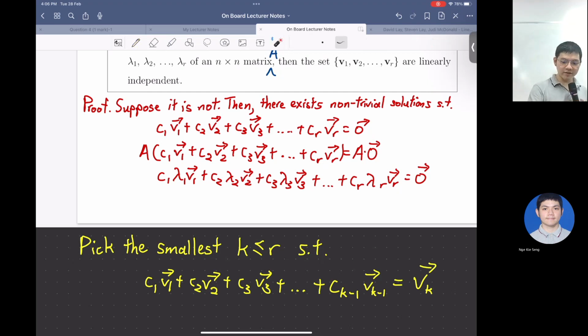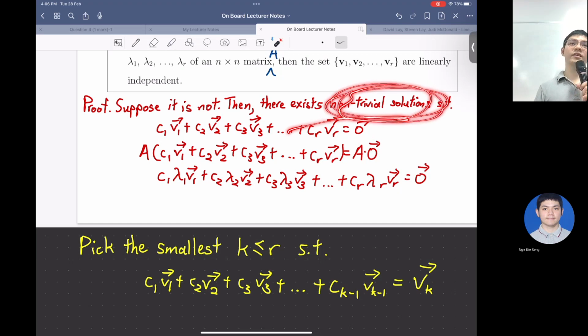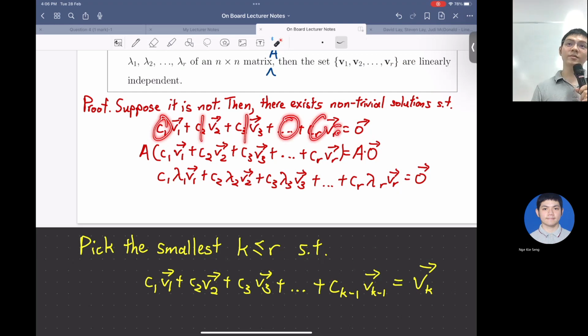So let's throw some terms out. Because it's a non-trivial solution, there are some zero and some non-zero coefficients. I throw all the zeros at the back out. Does that make sense?